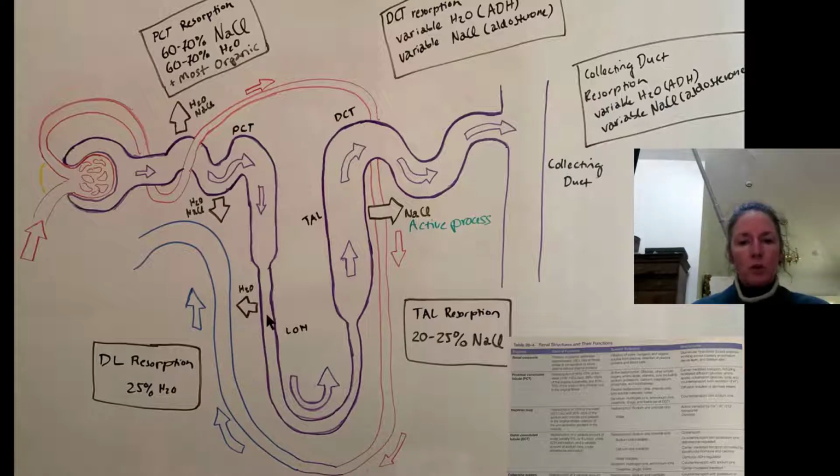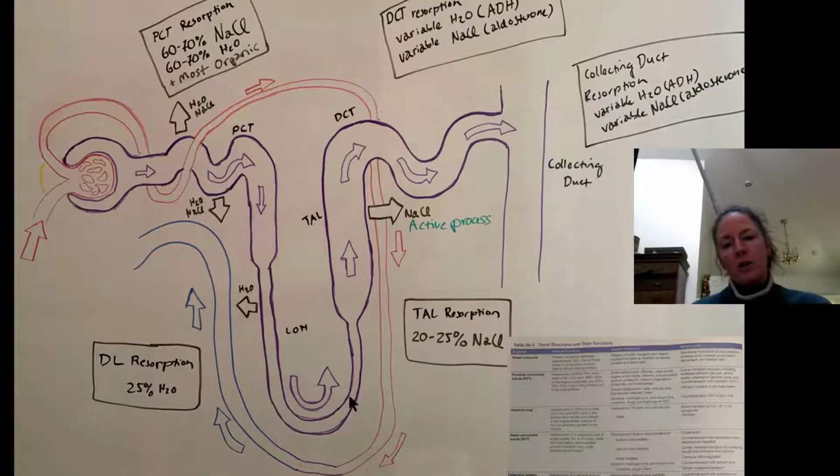Now, once we enter the loop of Henle, we will see that the descending limb will be freely permeable to water, but not to solutes. So we will have about 25% resorption of water by osmosis from this descending limb of the loop of Henle.